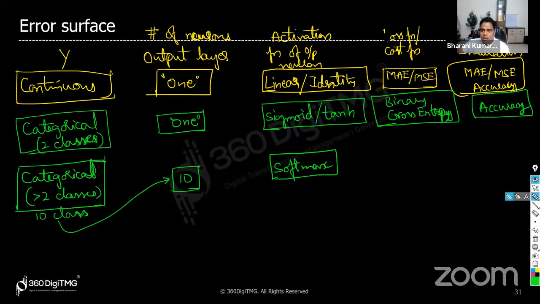And when it comes to loss function or cost function, what do we use? What do we use as part of loss function or cost function? Categorical cross entropy. Wonderful. Yes. It is categorical cross entropy.